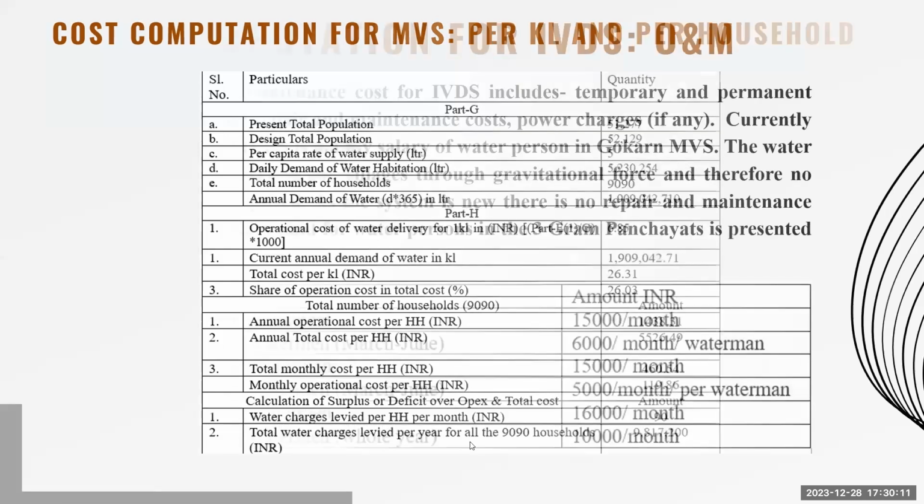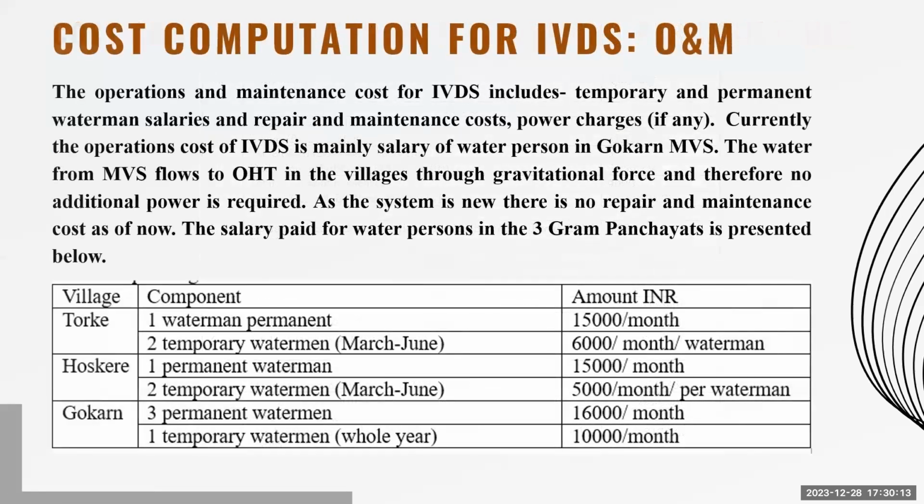So then one can also look at the IVDS operation and maintenance cost. There is no fixed cost for the IVDS because that's already included in the MUS fixed cost. So we can look at the different operational costs for the IVDS. So these are watermen.